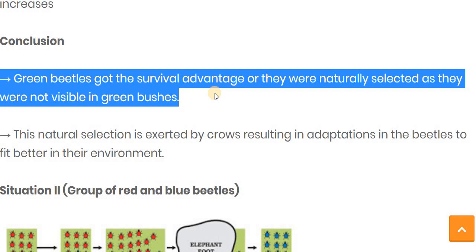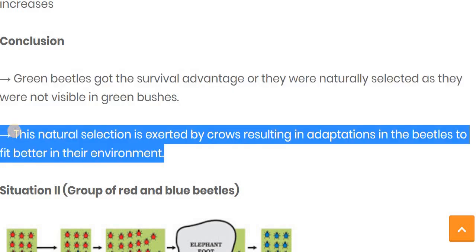So we can say that the green beetles got the survival advantage, or they were naturally selected, as they were not visible in the green bushes.